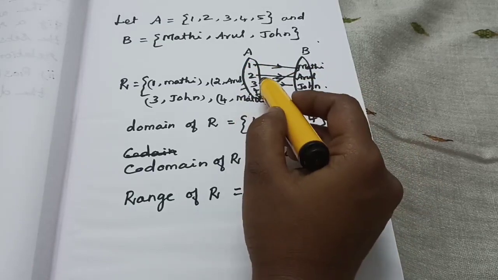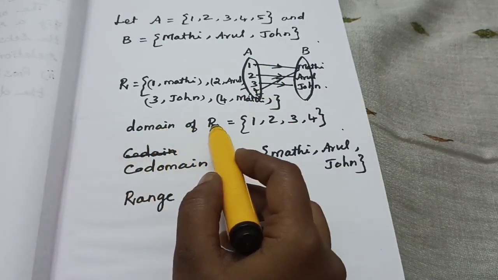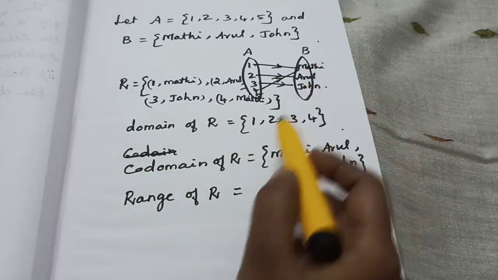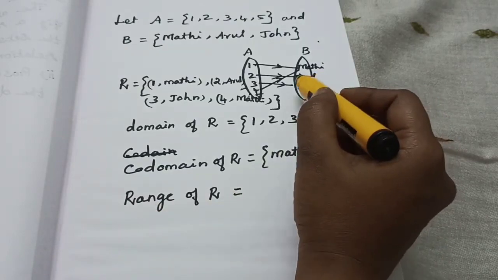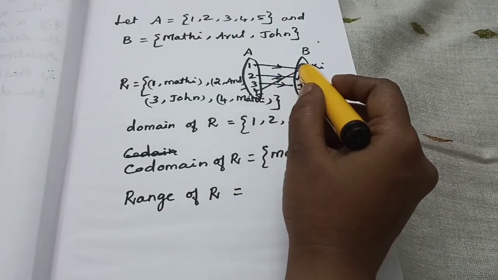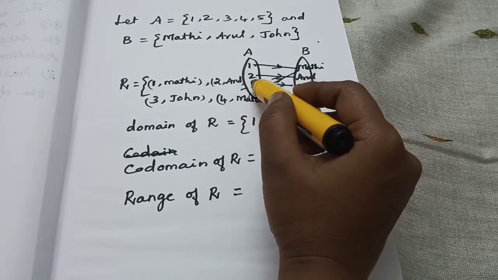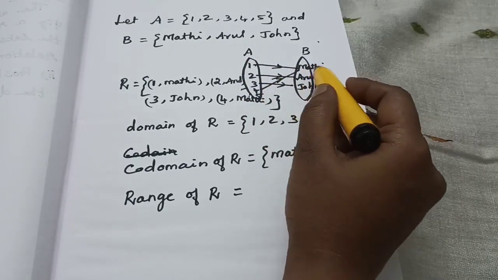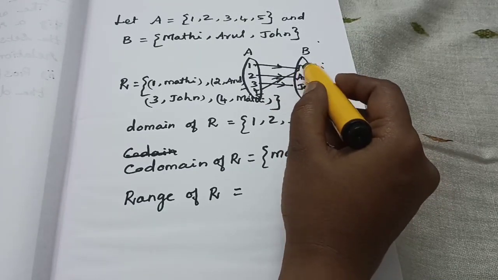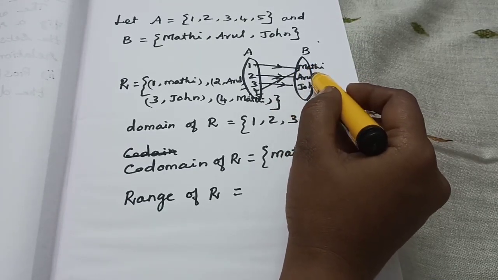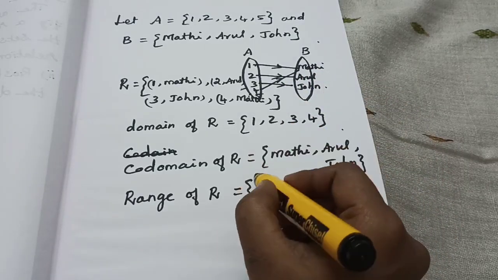X values are the domain of R. Okay, then Y values are the codomain. Then the range of R is which is mapped. Here only 1, 2, 3 and 4 have a relation. What are the relations we have? Madhi, Arul and John. This only we have to write.